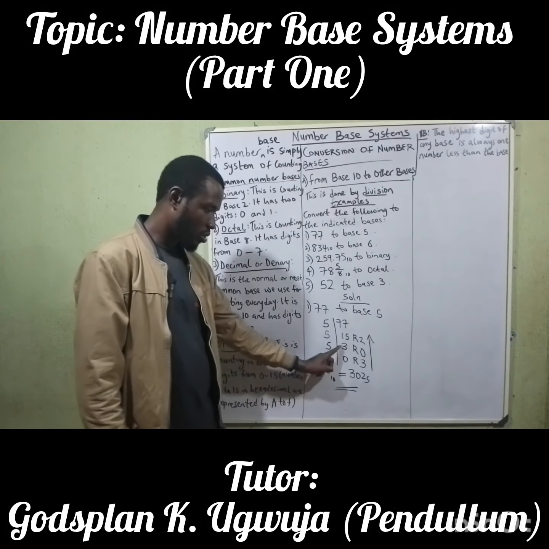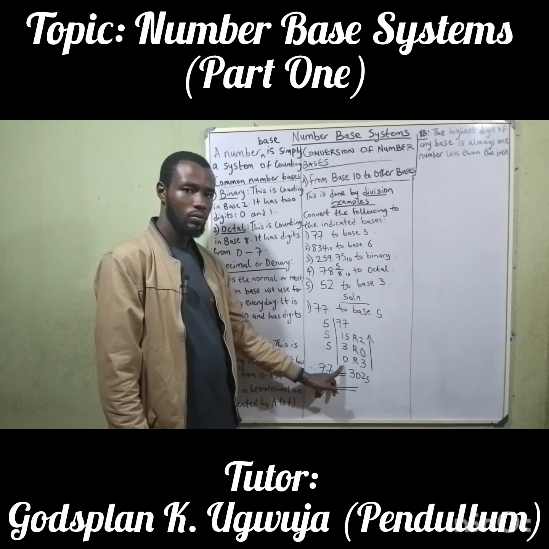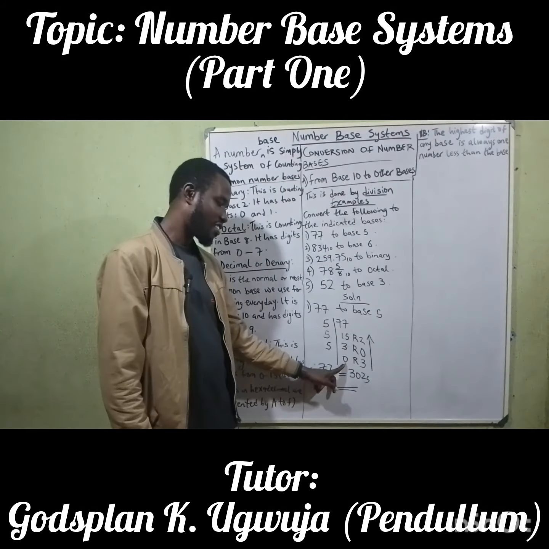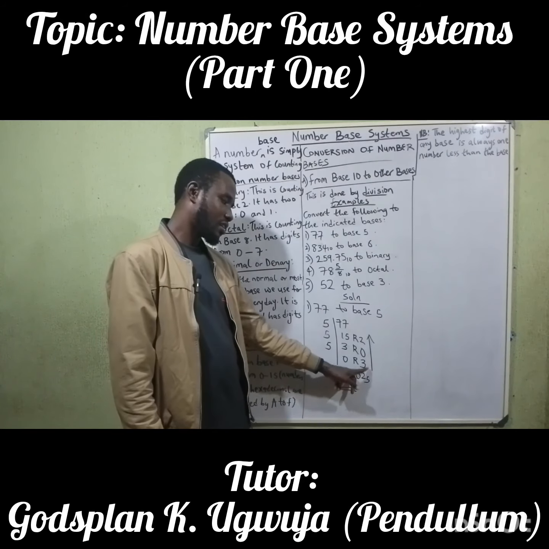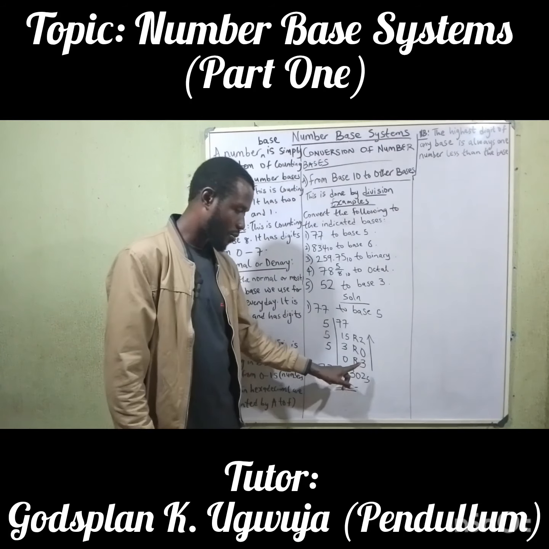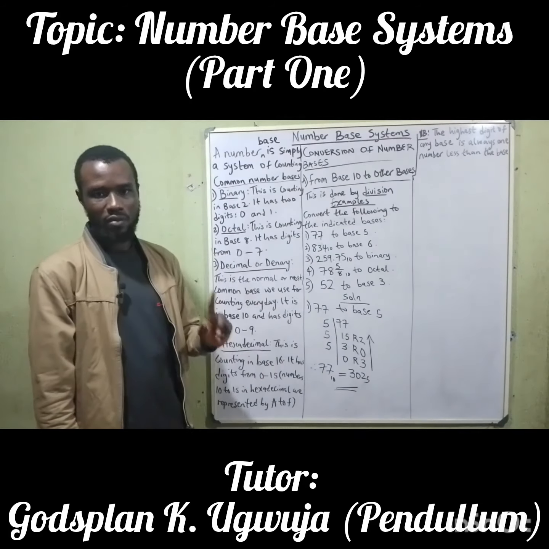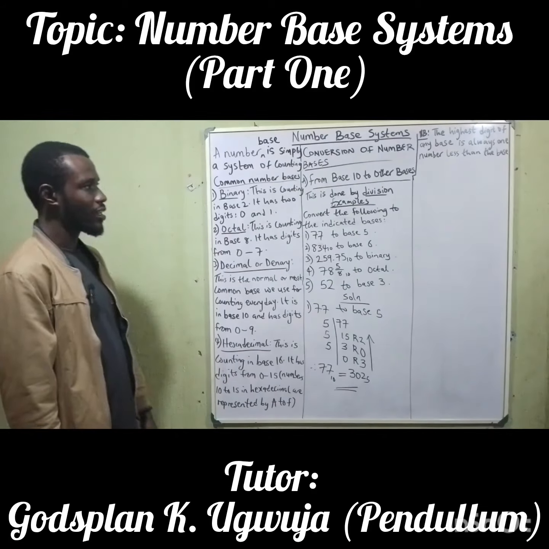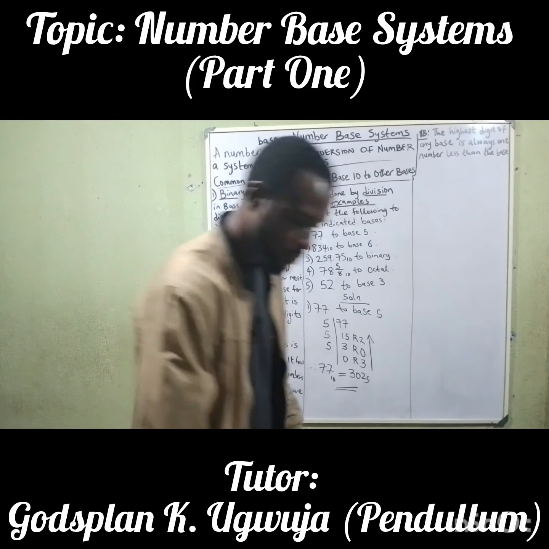You keep doing it until you get to 0. Then remember to take your answer from down up. Very important. Take your answer from down up. Alright, so let's look at other examples.